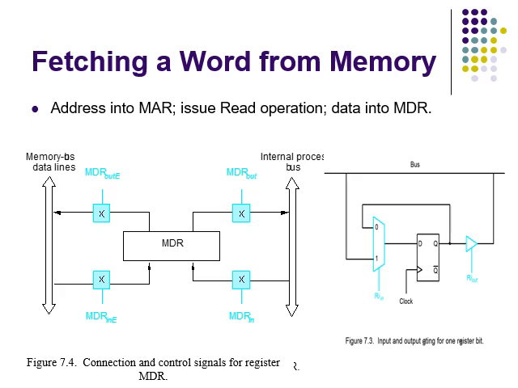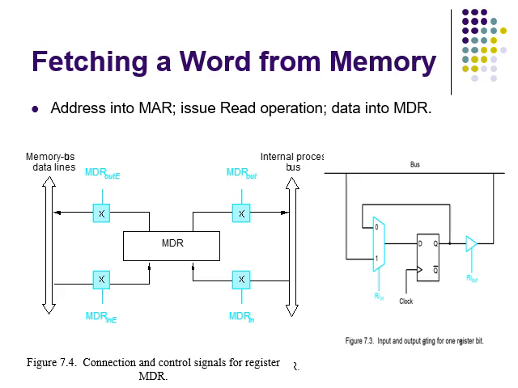At the same time, the processor uses the control line of the memory bus to indicate that a read operation is needed. When the requested data are received from the memory, they are stored in the memory data register, from where they can be transferred to other registers in the processor.